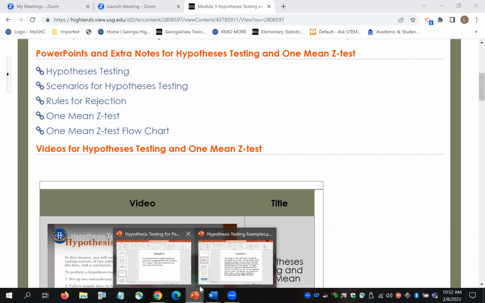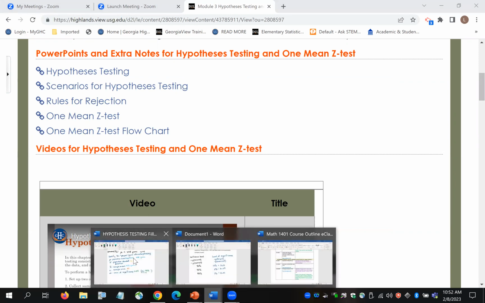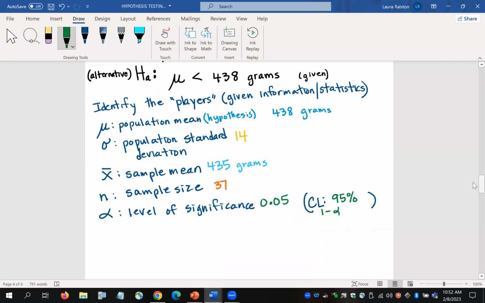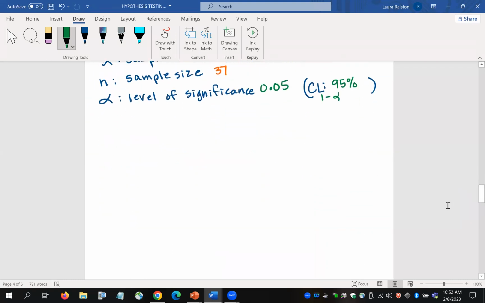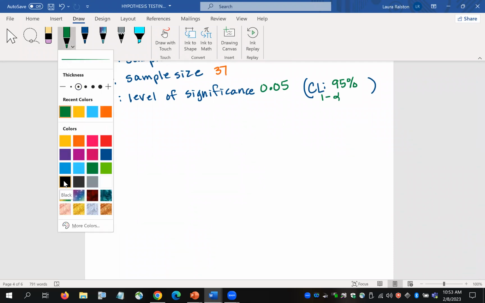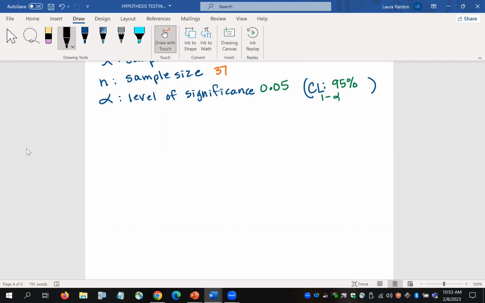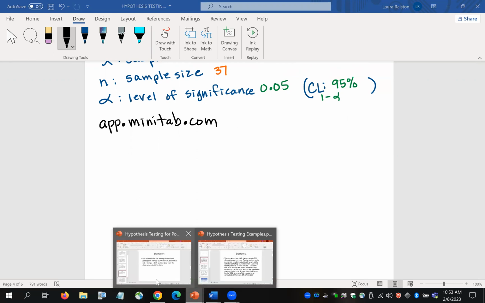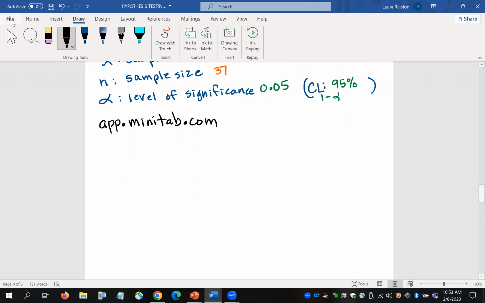I'm going to have to give you the keystrokes to Minitab here, because once we've identified all of that information, then we're going to go out to app.minitab.com to do the calculation. Let me pull the keystrokes and then you can write them down.